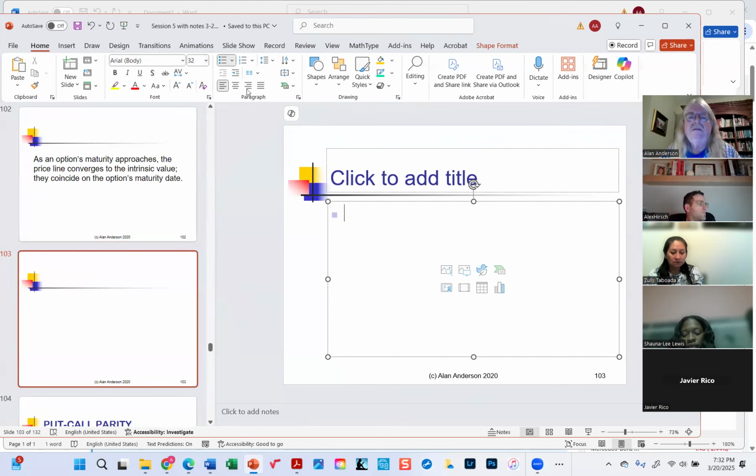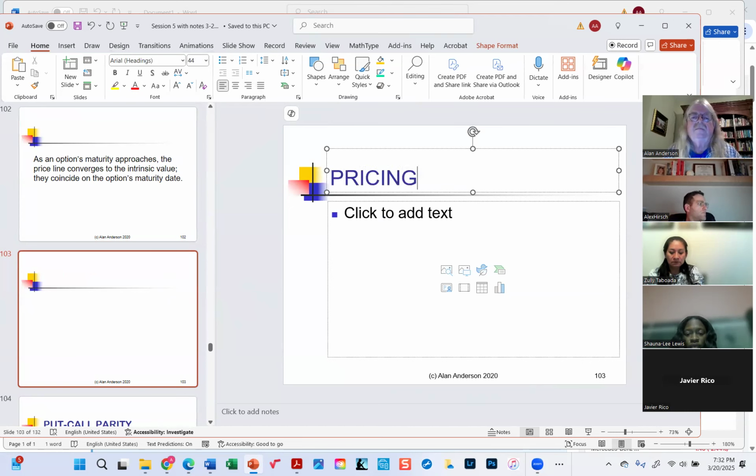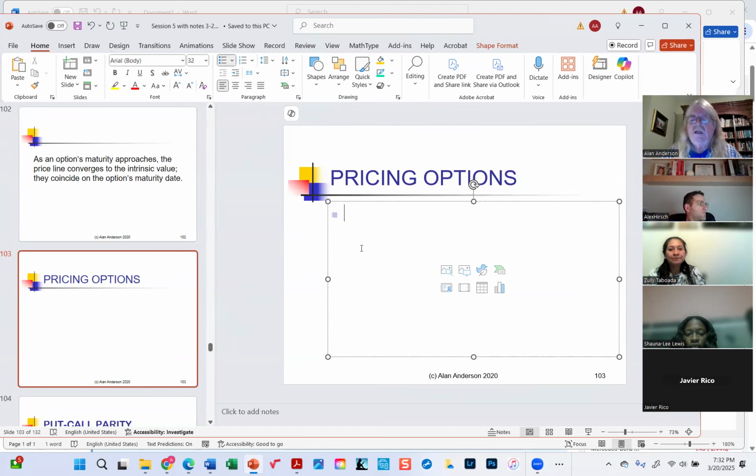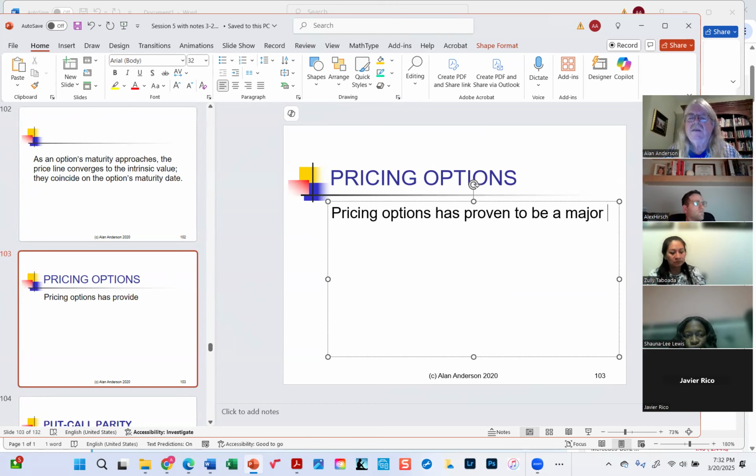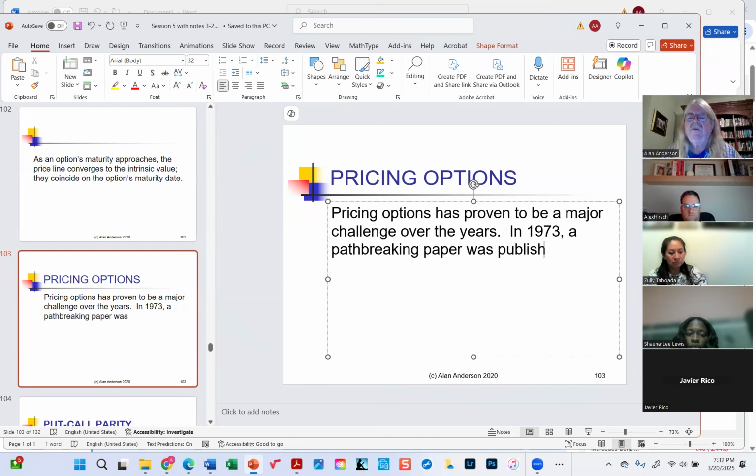Pricing options has proven to be a major challenge over the years. But in 1973, a path-breaking paper was published, which introduced the Black-Scholes option pricing model.